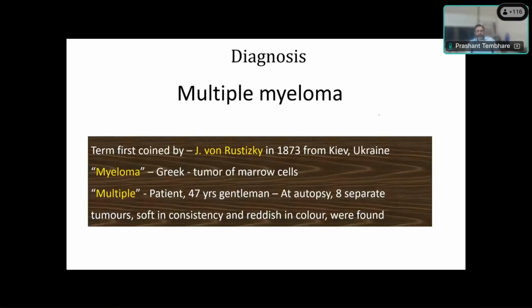Now let's discuss one interesting fact of multiple myeloma. How the name multiple myeloma was coined first. The term was coined first in history by Rustizky, basically from Ukraine. At that time it was the Soviet Union, Russia, but now it's part of Ukraine, from Kiev.